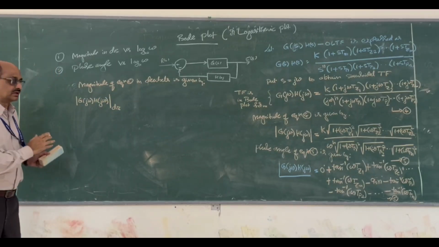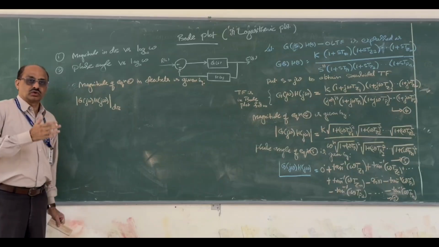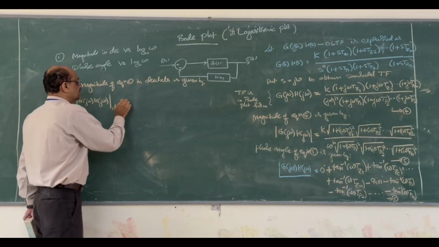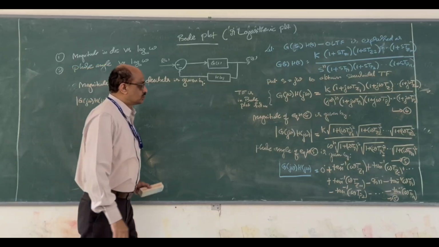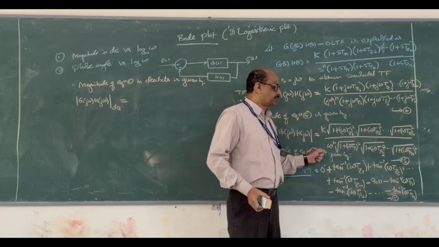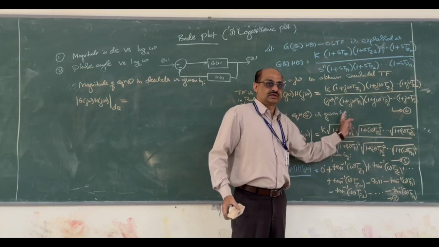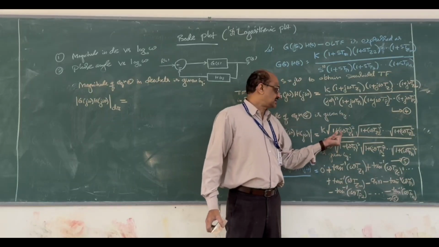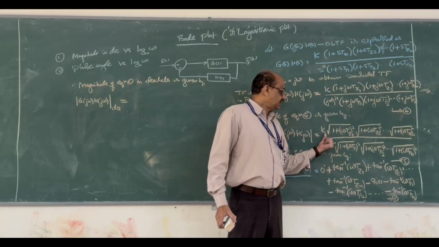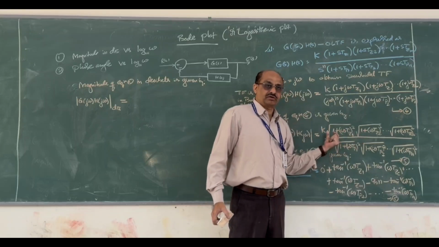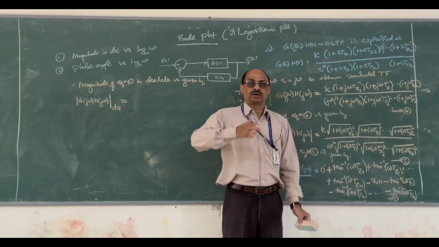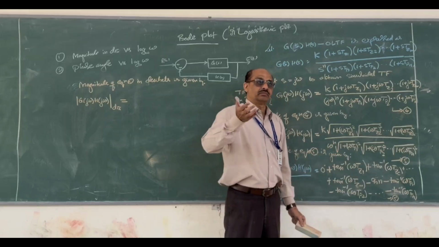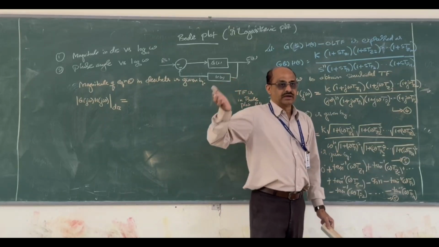I have taken 20 log, so I am expressing it in dB. This is now equal to 20 log with base 10 of this complete magnitude, which is expressed as a ratio. Whatever is in the form of a multiplication becomes addition. Whatever is in the denominator takes a minus sign.